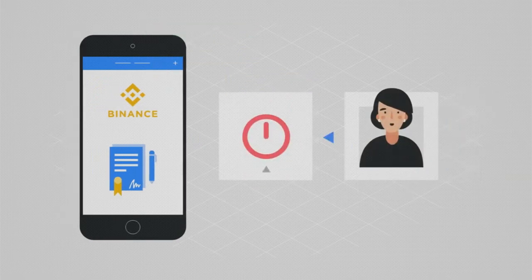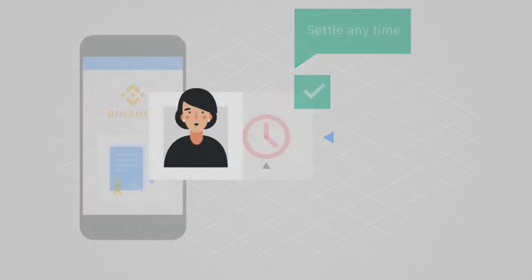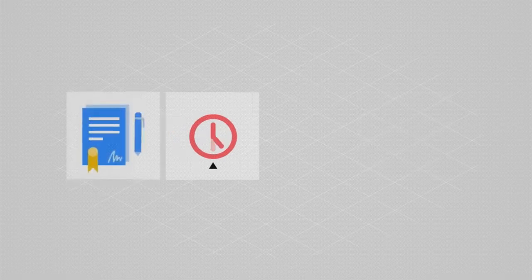Binance options contracts will remain valid until the holder exercises the option any time before the expiry date. For instance, a user may choose to exercise an option that is in profit any time before its expiry. Alternatively, Binance options contracts may be settled automatically upon the expiration.